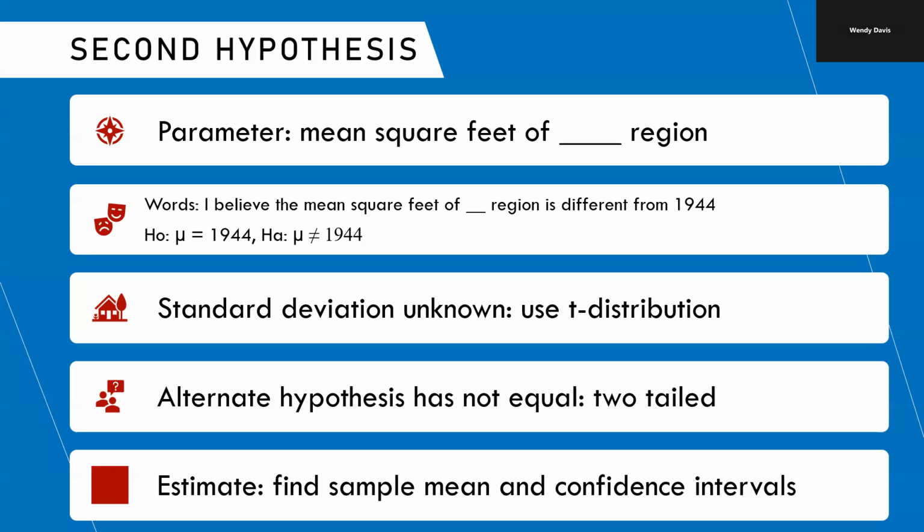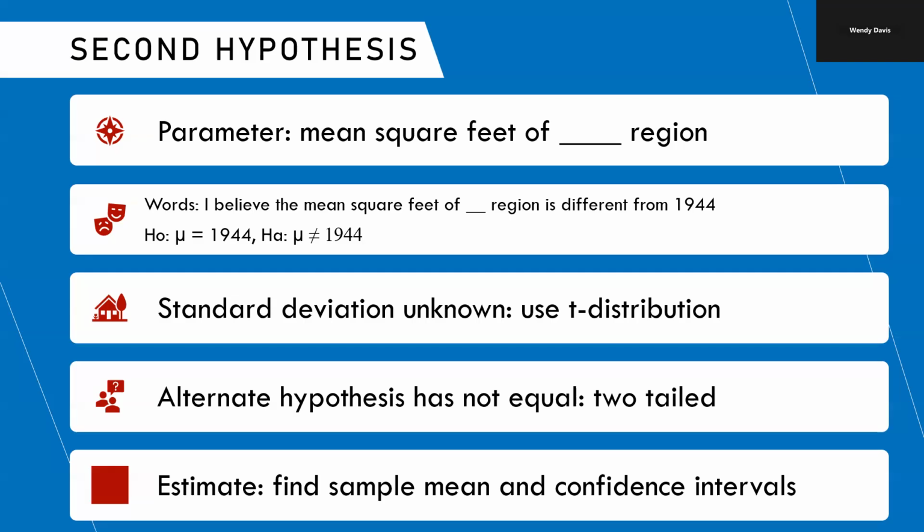Now, if you notice in the last one, I typed the word mean. Here I used mu, our Greek letter. You can find those in Microsoft Word under Insert Symbol, but you can just type the word mean. Either the symbol or the word mean has to be in that because there are different tests for different parameters.